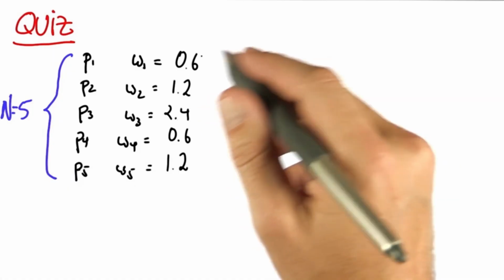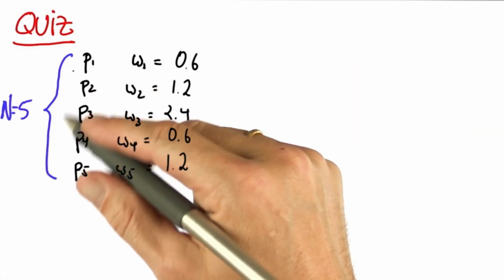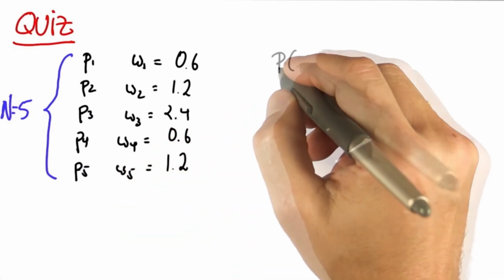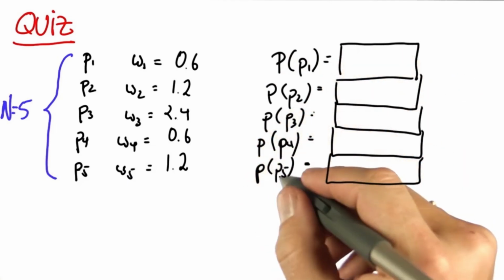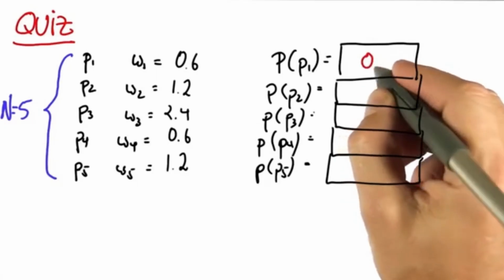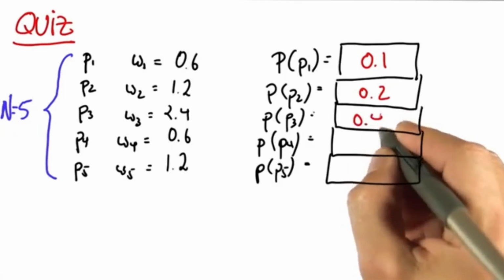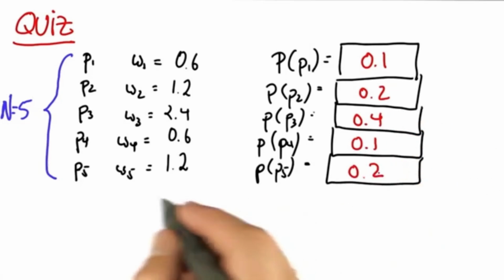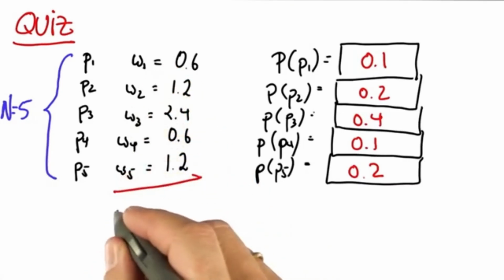If I, in the process of resampling, randomly draw a particle in accordance to the normalized importance weights, what is the probability of drawing P1, P2, P3, P4, and P5? And the answer is 0.1, 0.2, 0.4, 0.1, and 0.2.